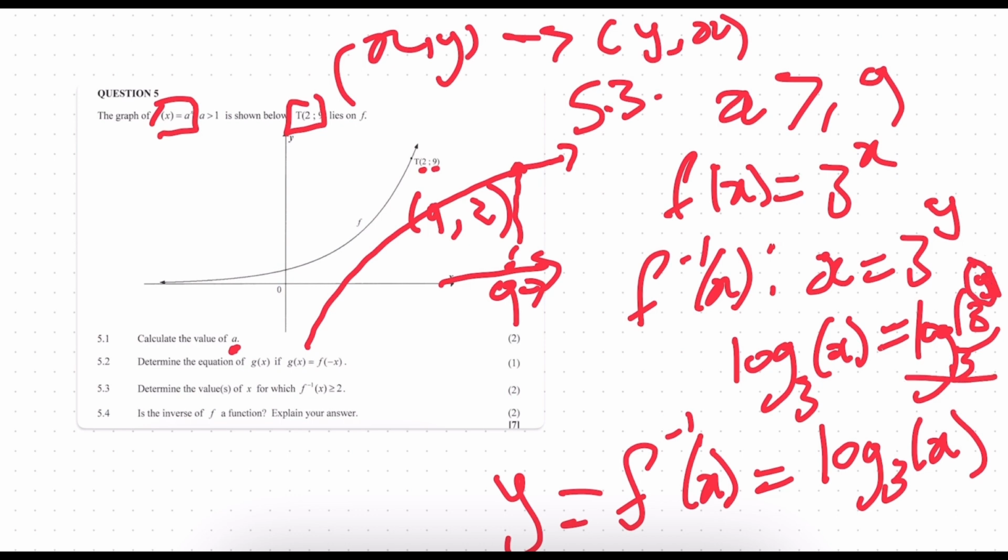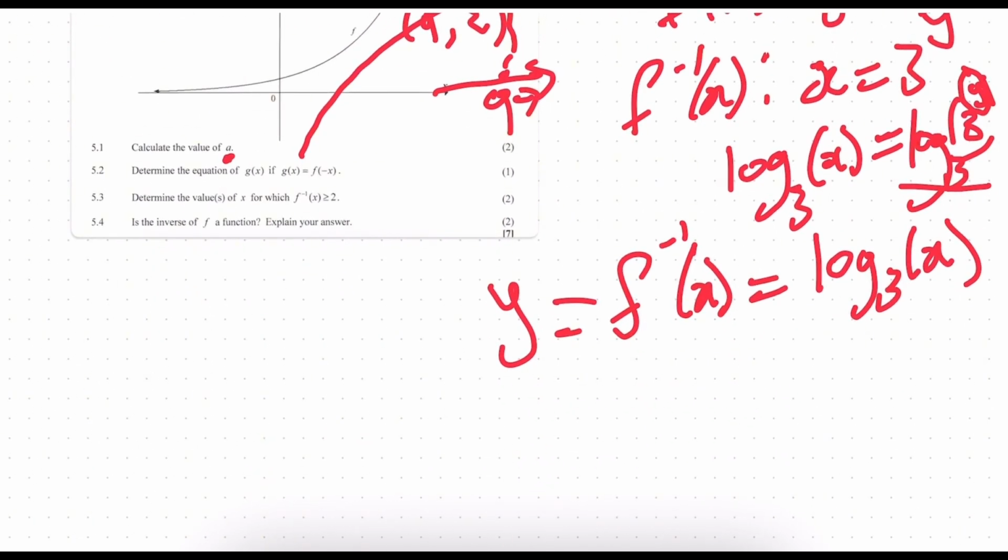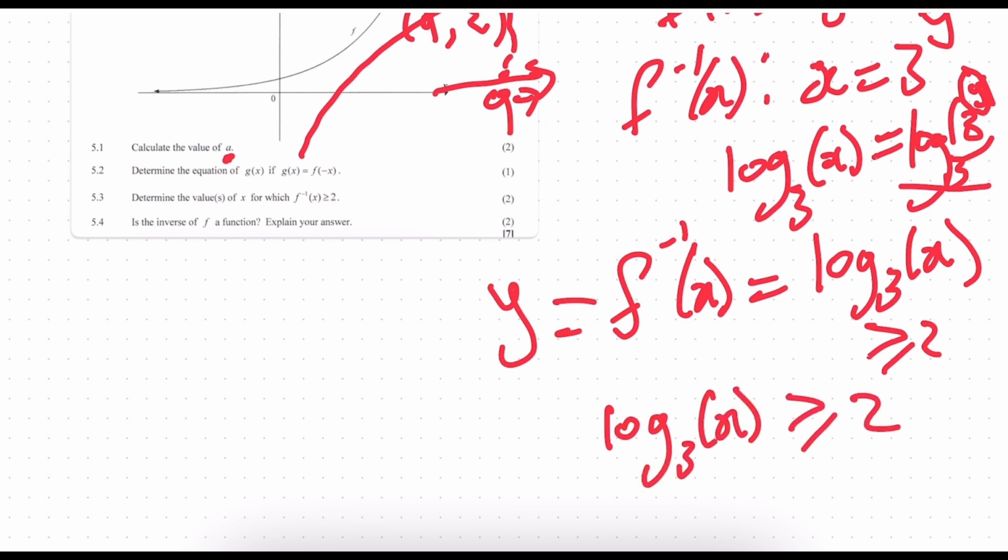That's your inverse function. So now they're asking you, when will this inverse function be greater than or equal to 2? So I would then say log base 3 of x is greater than or equal to 2. How do you undo this?